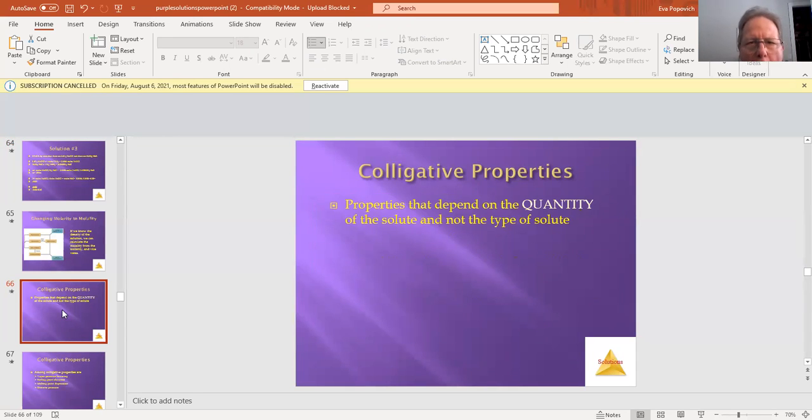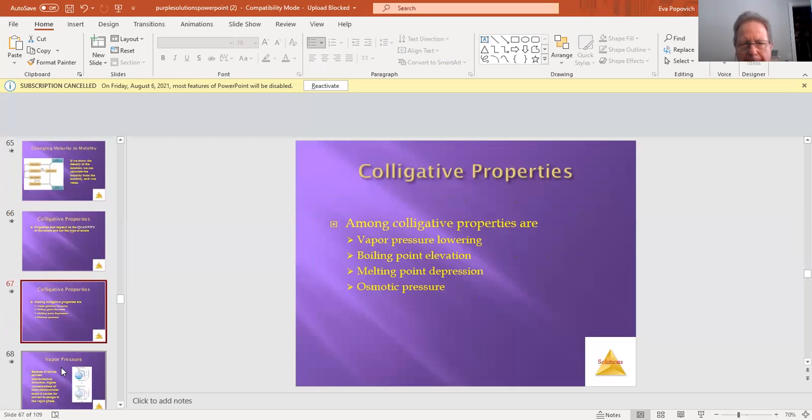The colligative properties are dependent upon particles of substances, not on what it is. Among colligative properties are vapor pressure lowering, Raoult's law, boiling point elevation, melting point depression, and osmotic pressure.